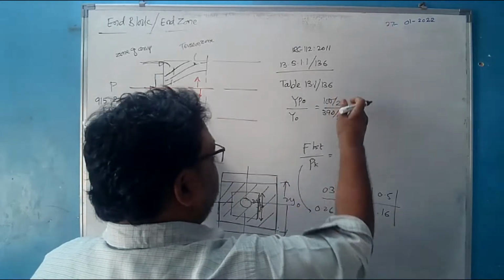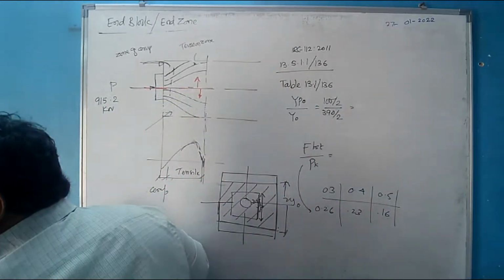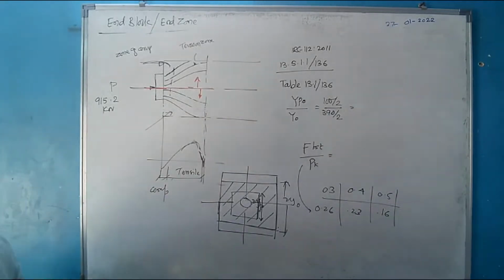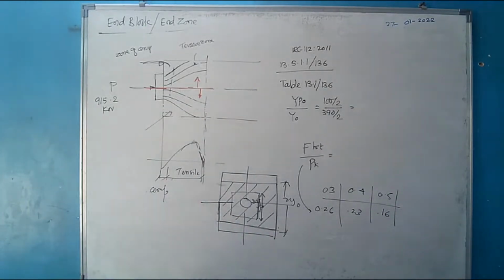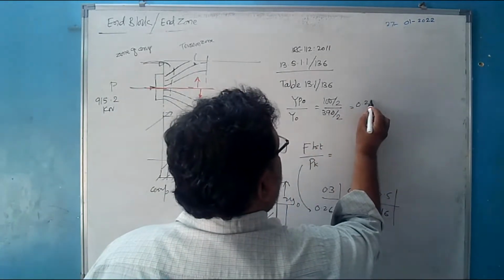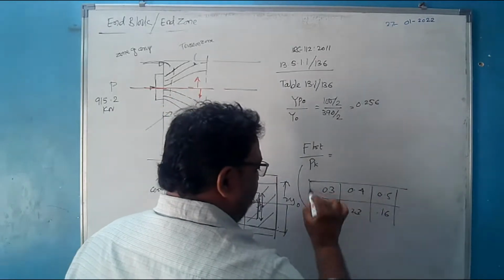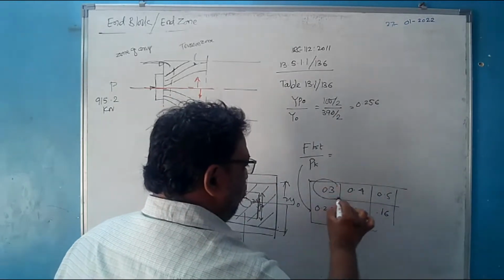So what is the ratio here? 100 by 2 divided by 390 by 2. How much is this ratio? It is 0.256. And if you see here, this table itself starts from 0.3.